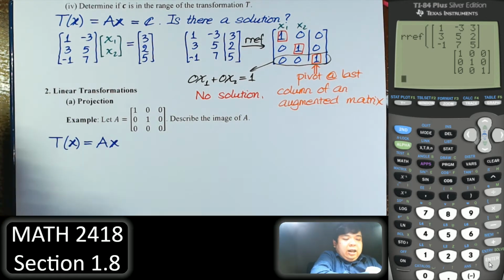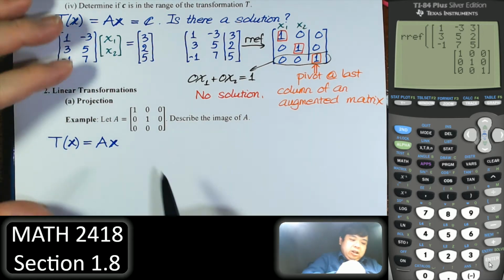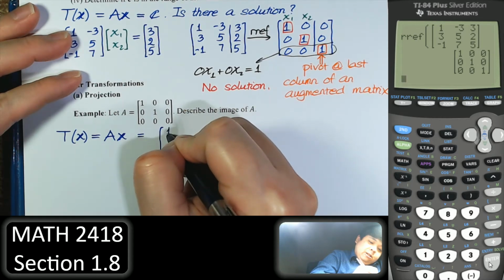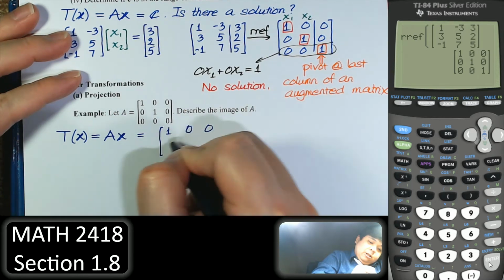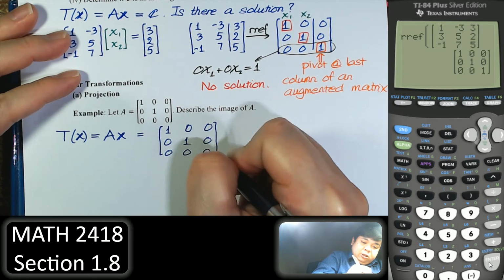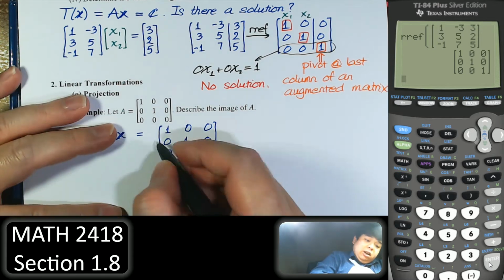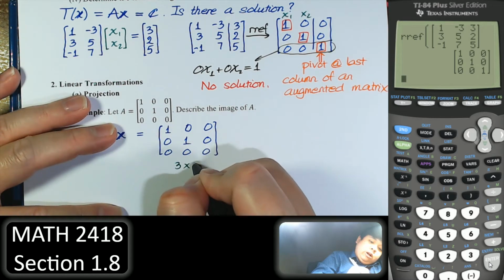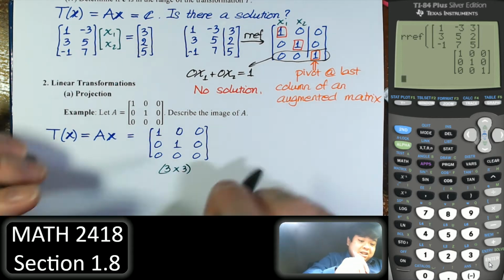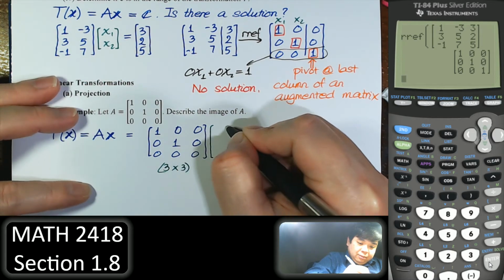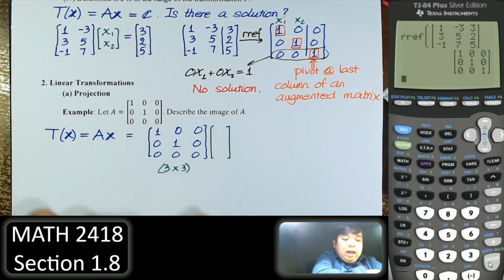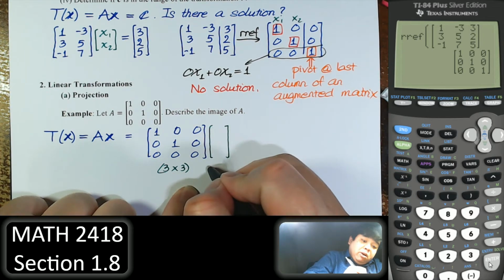Now let's work out the dimension. This is the matrix A. And if we check the dimension of matrix A, it is 3 rows, 3 columns. So what is the dimension of the matrix x? Remember, when we multiply matrices, the middle number must match.